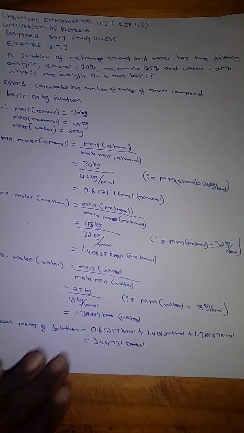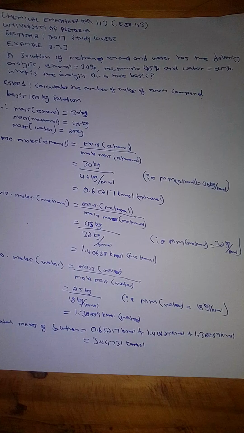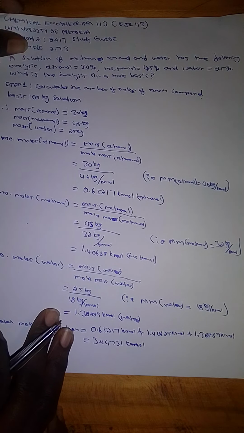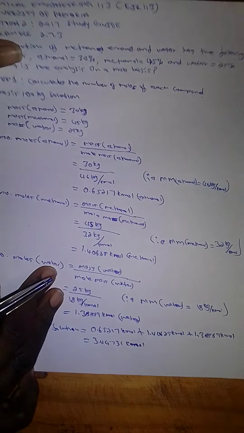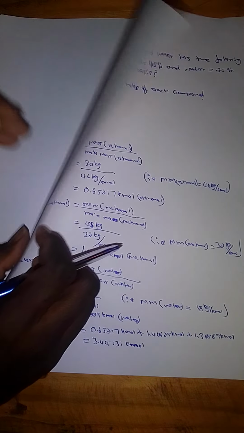So we know that our total number of kilomole is 3.44731 kilomole.